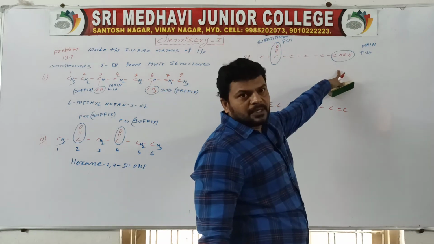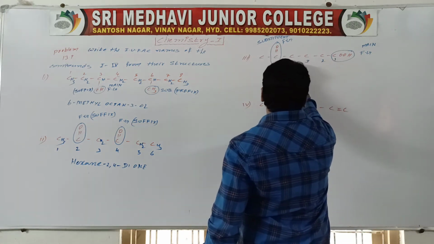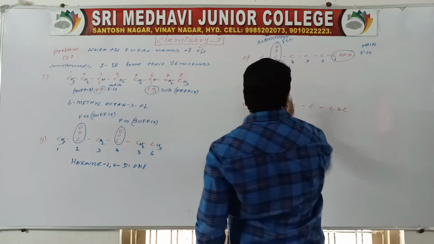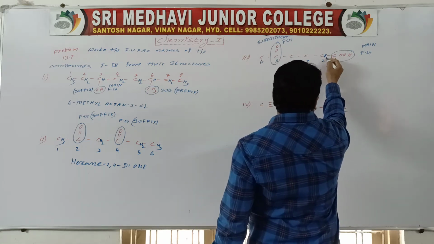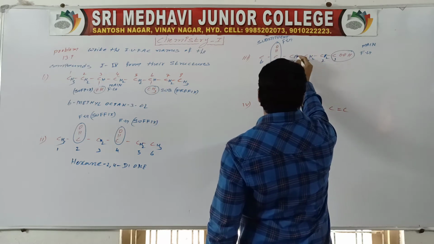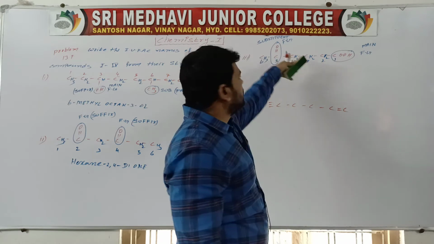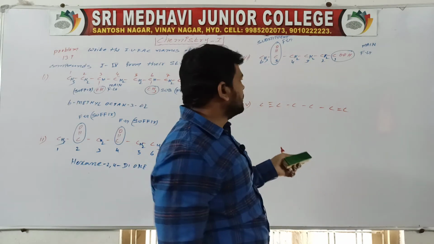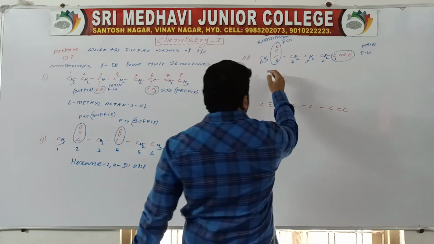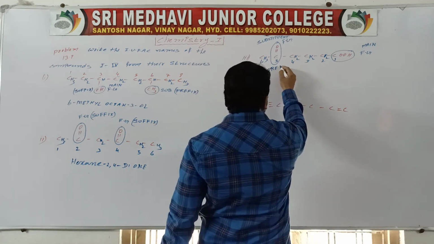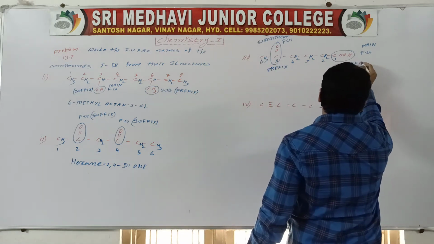So the main one must get the least number: 1 2 3 4 5 and 6. The chain is CH2, CH2, CH2 and CH3. Now we have to write the prefix and the suffix.